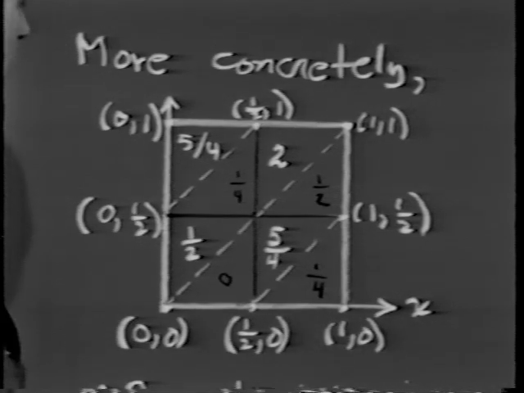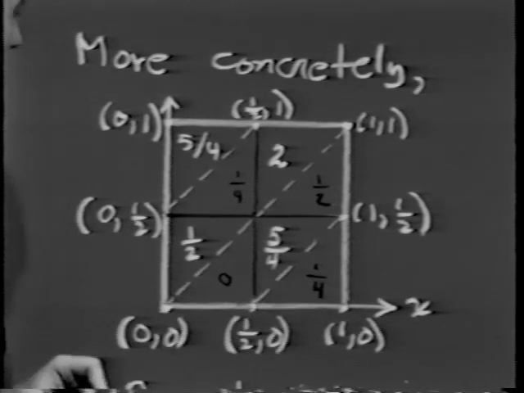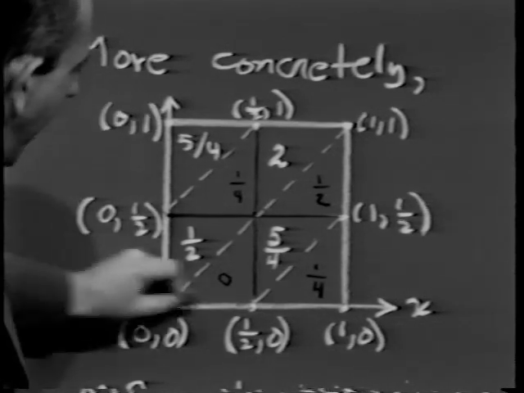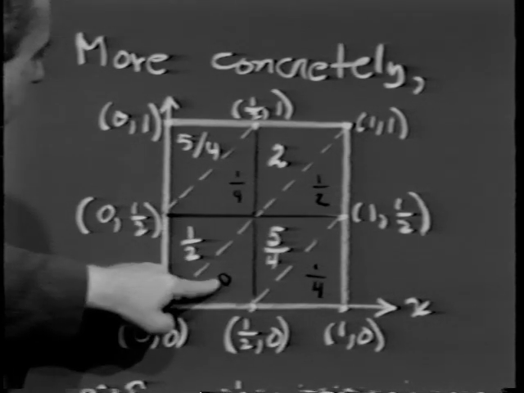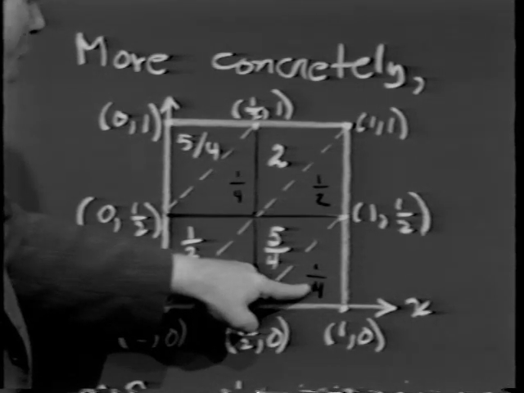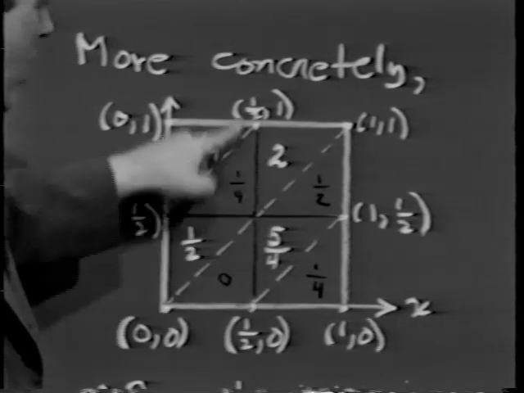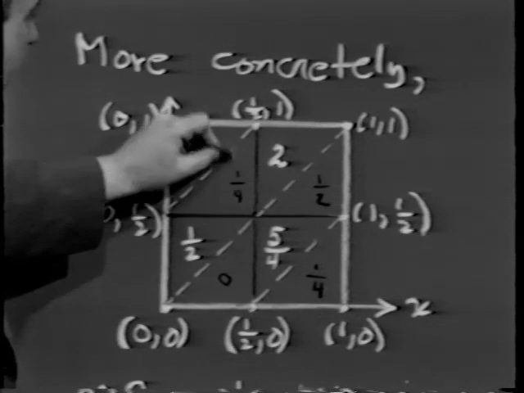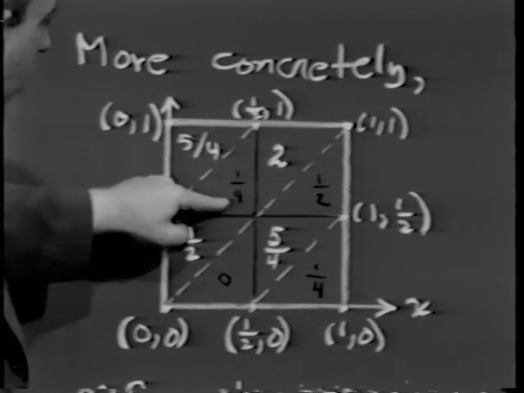I will now assume two different plates. One will be the plate which has the same shape as this, but in this quadrant here has a constant density of 0. In this quadrant here has a constant density of a quarter. In this quadrant here, a constant density of a half. And in this quadrant, a constant density of 1/4.